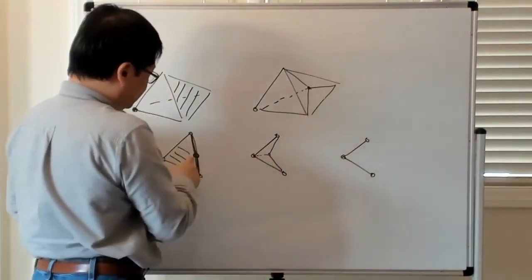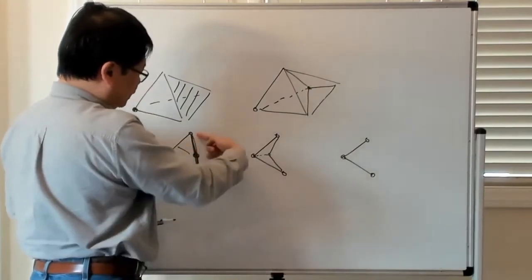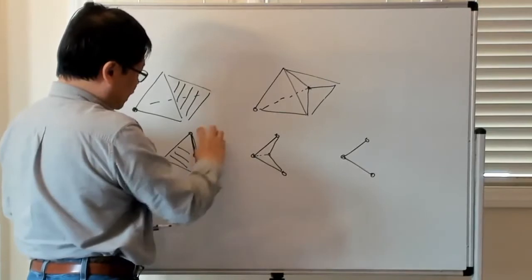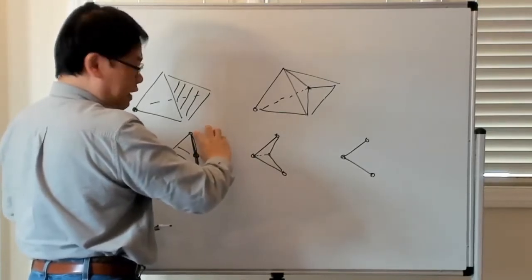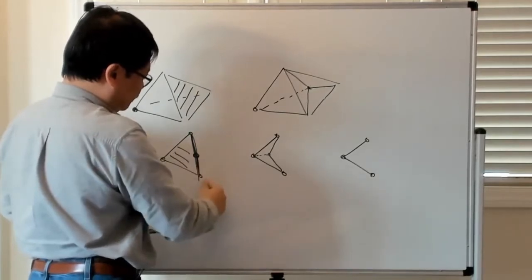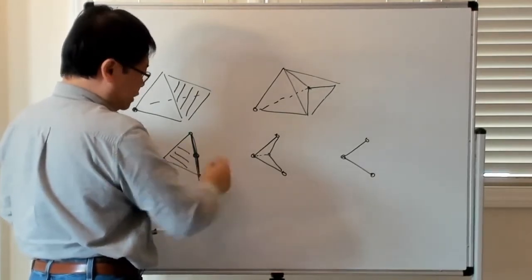So again, here I look at the faces of this 2 simplex, which are just these 2 vertices, and I take that vertex and I add the barycenter. So this gives me one of these edges, and I do the same thing. This vertex added with the barycenter gives me this other edge, right?